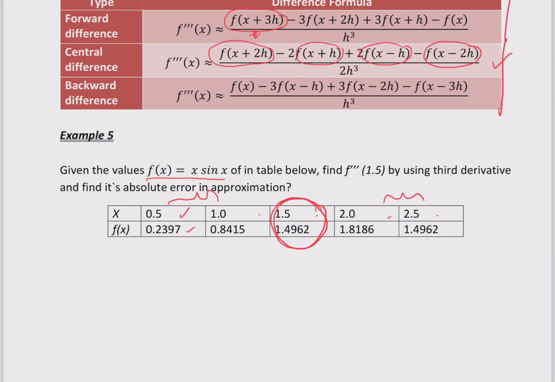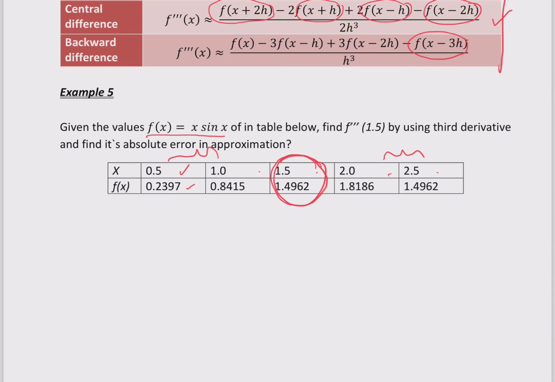It is the same case for the backward difference and the forward difference, because here you see we don't have the value of that function if you look backward 3 points. So the only formula that we can use is the central difference.